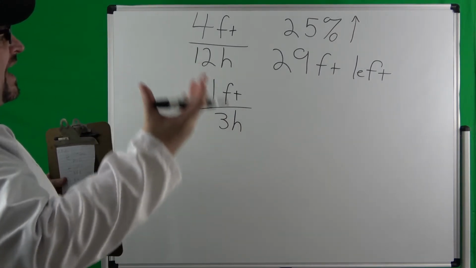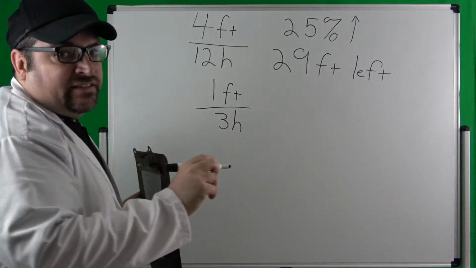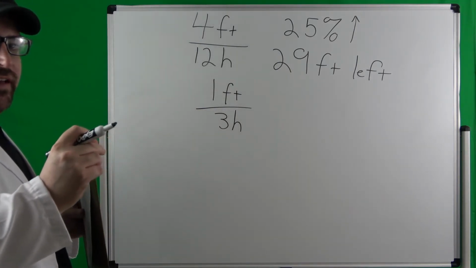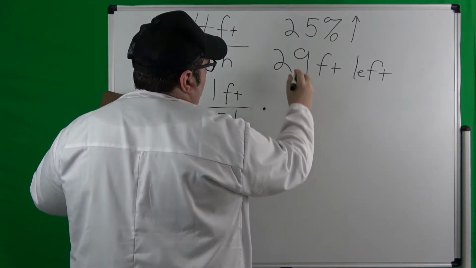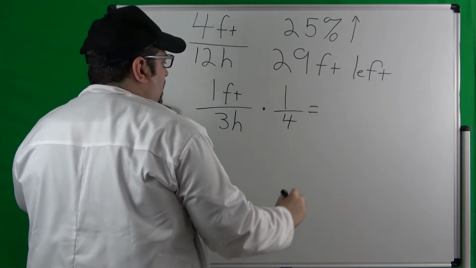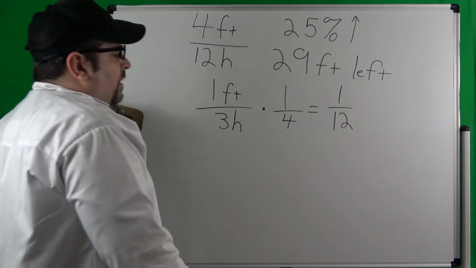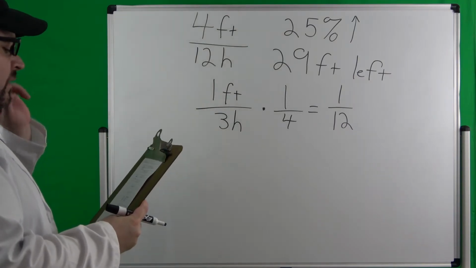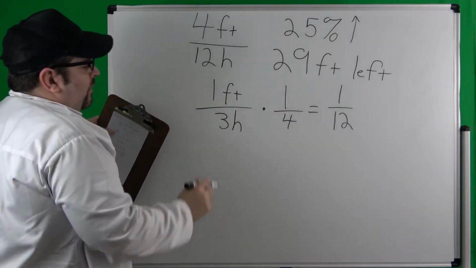And if she increased that 25%, well, what is 25% of 1/3? Of means what in math? Multiplication. 25% is also 1/4, and that equals 1/12. Okay, that's how much she's increasing. All right. So now she's increasing 1/12 from 1/3.